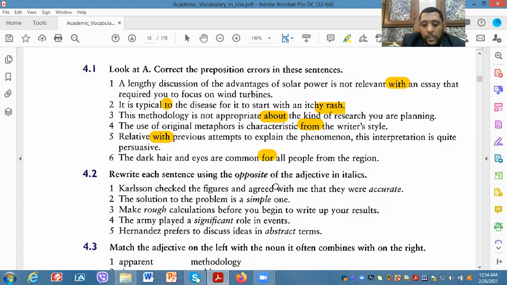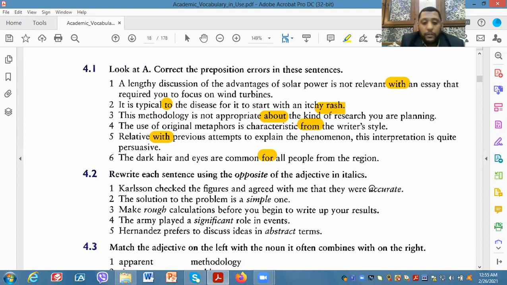Five sentences were given to us, and in each sentence we can find an adjective, and this adjective was written in italics. We need to search for the opposite adjective and replace it with the one that's being given to us.